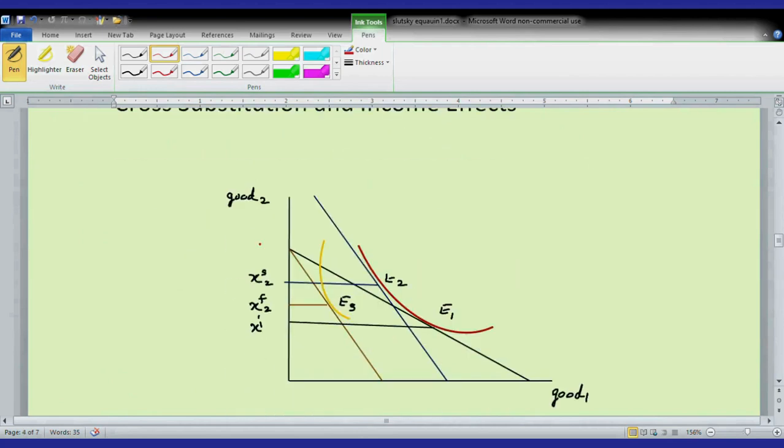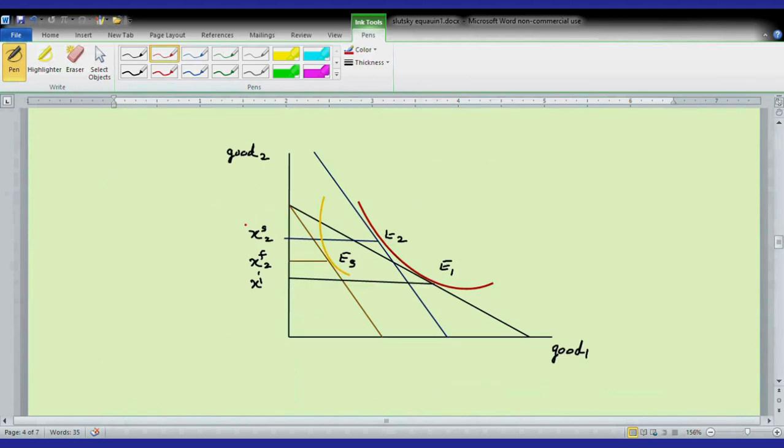Now remember that this decomposition of price effect into income and substitution effect could be done in terms of good 2 as well, when the price of good one increases. So I have redrawn that same graph, but in place of recording the change in consumption in terms of units of good one, this time I am recording the change in consumption in terms of units of good two.